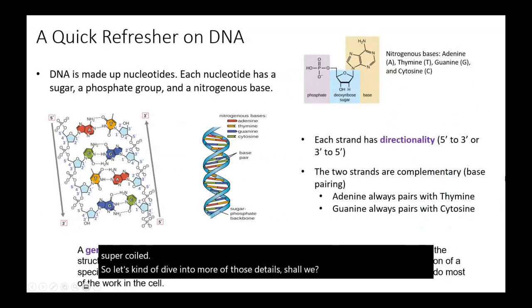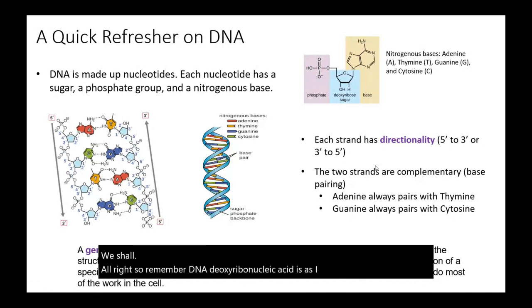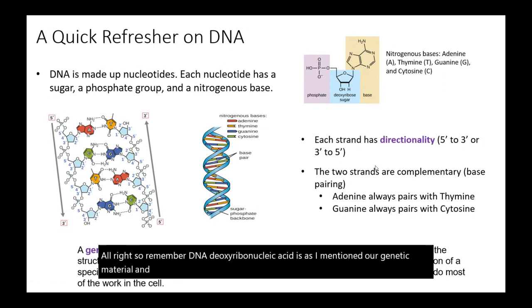We shall. All right, so remember, DNA, deoxyribonucleic acid, is, as I mentioned, our genetic material. DNA and RNA are both nucleic acids. That's actually what the NA stands for in their abbreviations.